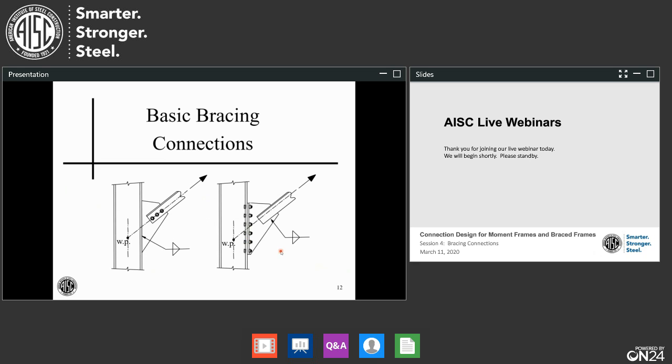This connection, as far as today's talk goes, the main motivation here is that this is a simple connection that lets us talk about the prying action and some other interesting limit states, mainly over here. That's our primary motivation for including it.